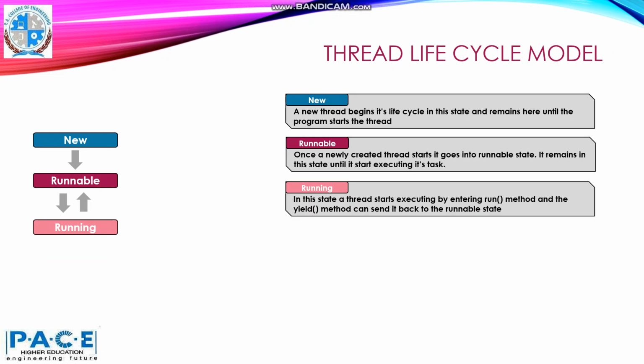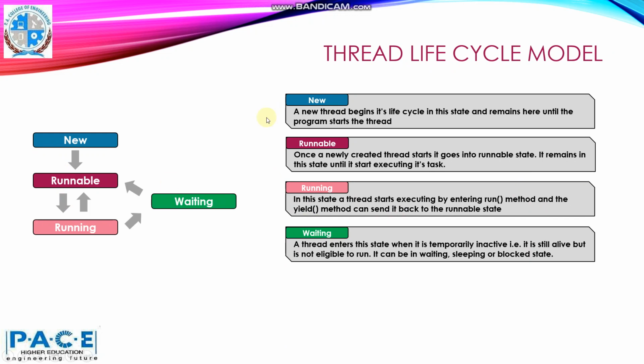The thread goes into the running state when it actually starts executing, by entering the run method. It may go back to the runnable state by using the yield method, which can send it back to the runnable state. A thread may go to the waiting state. A thread enters a state where it is temporarily inactive.